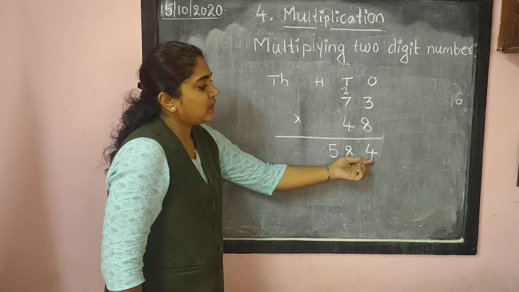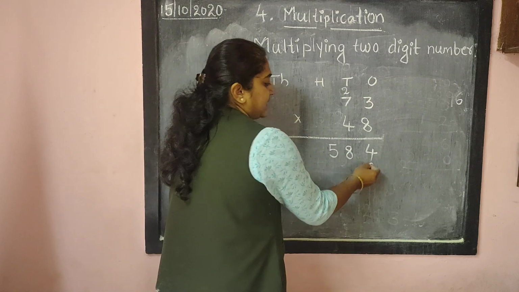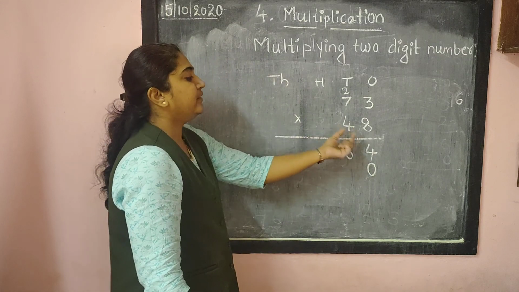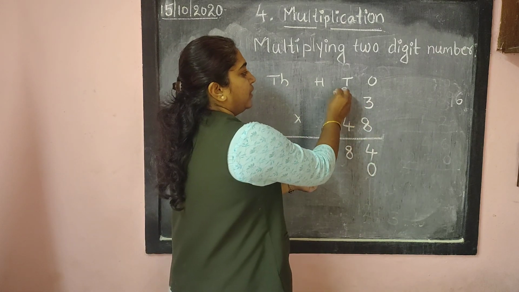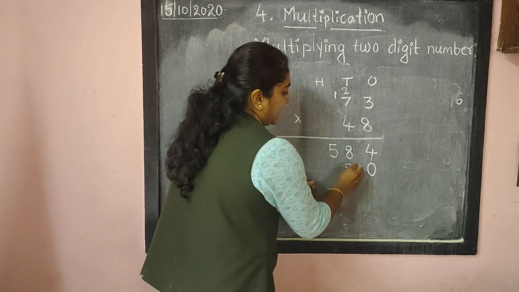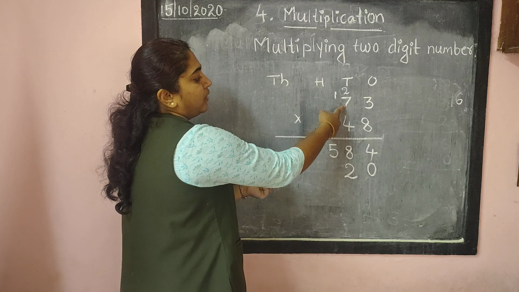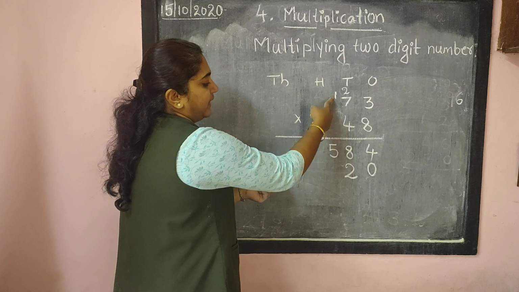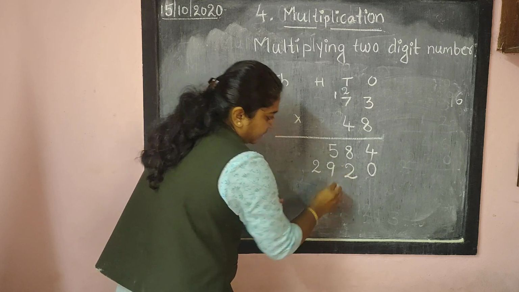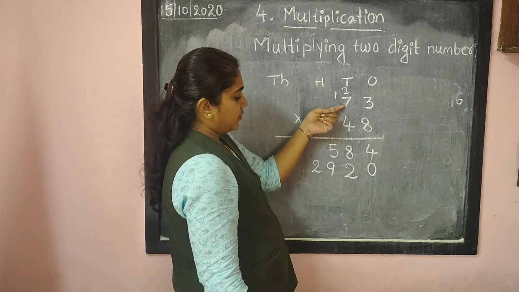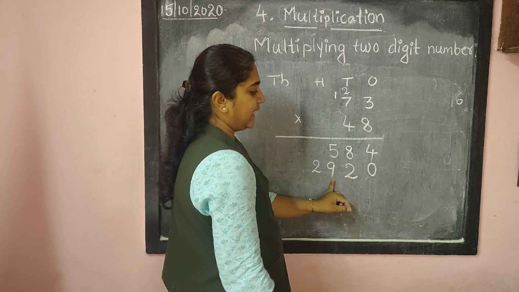Now this is the first step. Next step: simply write 0 over here and start with the next number. 4 3s are 12. 1 is carry, 2 right over here. 4 7s are 28, 28 plus 1, 29.